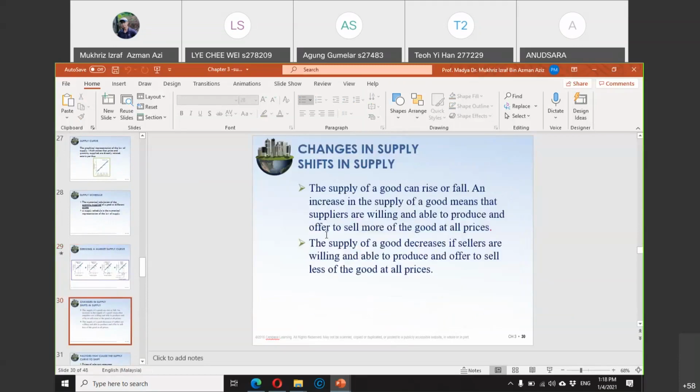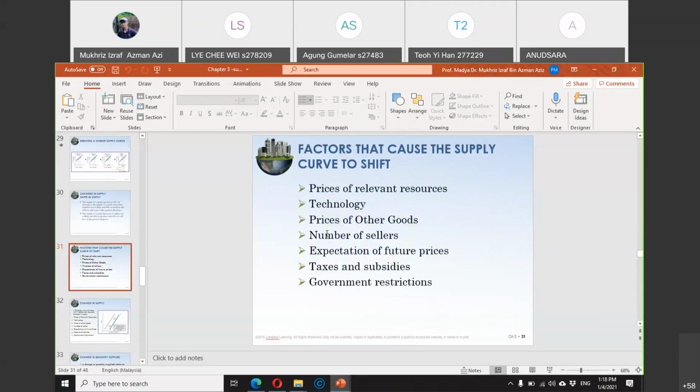The focus for this part will be the difference between change in quantity supplied versus change in supply, just like in demand, change in demand versus change in quantity demanded.